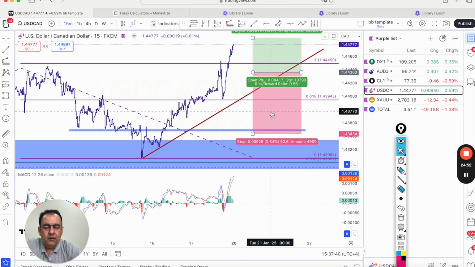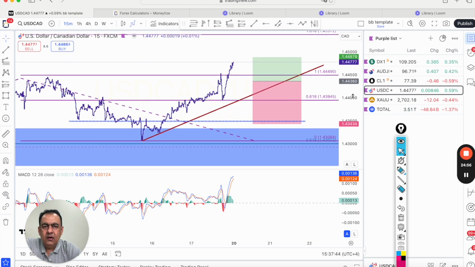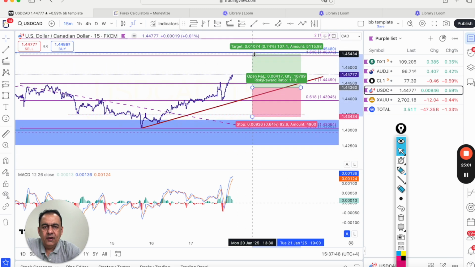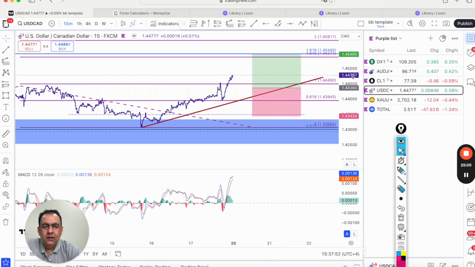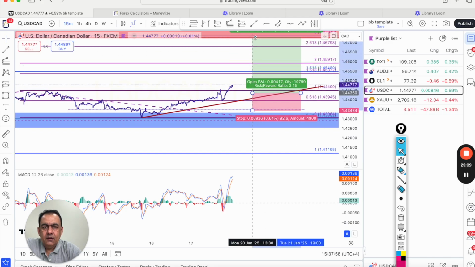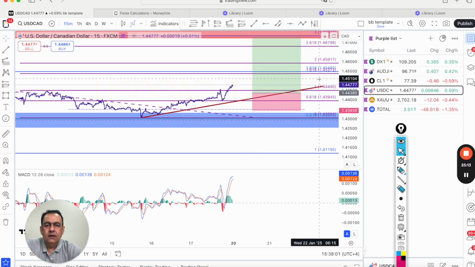So we have substantial room between our entry and stop loss, and the first target is 45.48. So we are just managing our risk here, but if you target 47.50, then the risk and reward is 3x, which is amazing. So USDCAD bullish setup explained.